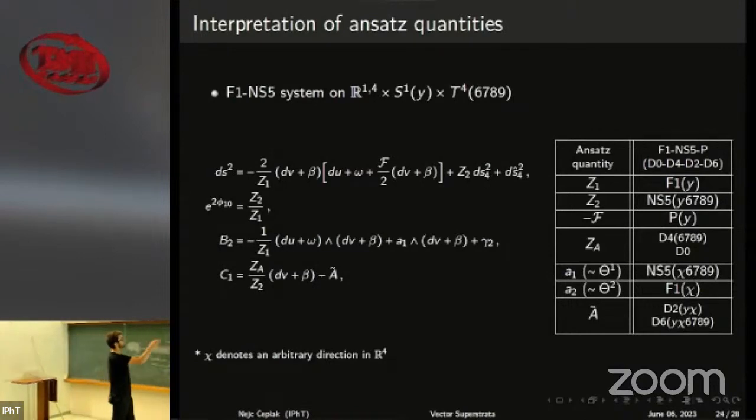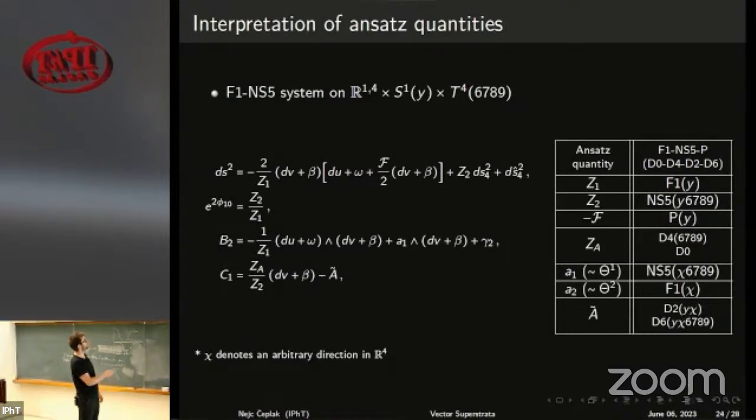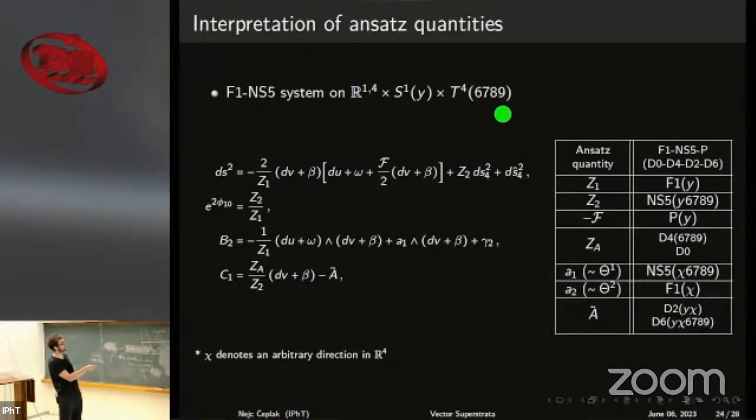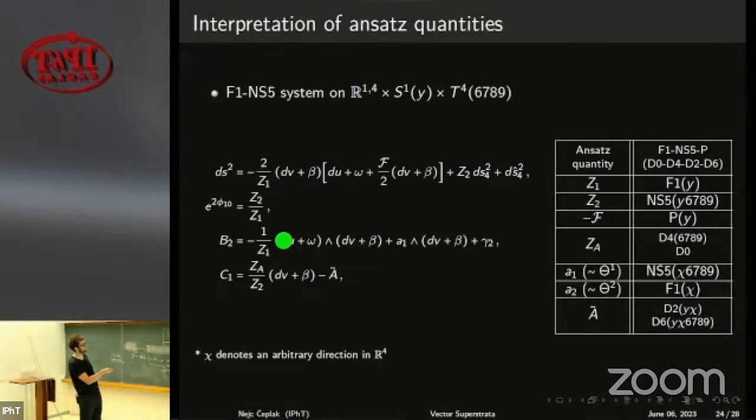In particular, the first frame I can think of is the F1 and S5 system, in which I have a C1 field which contains these D0, D4 charges. And then I can interpret the 10-dimensional metric in string frame, the dilaton, and the B field. I can decompose them into quantities like this. And then I can say, well, in this case, the Z1, just from the metric and from the way the dilaton behaves, is just the fundamental string.